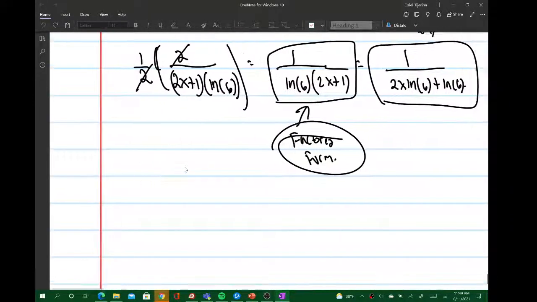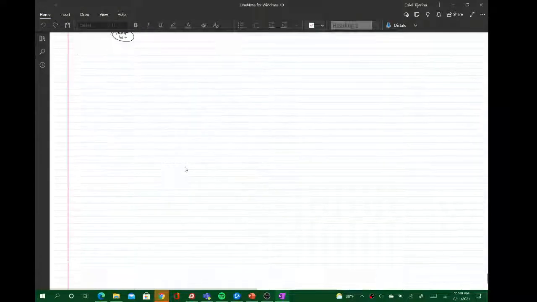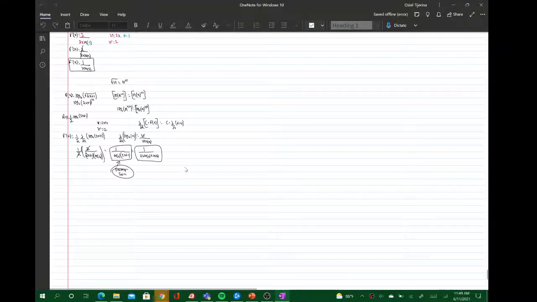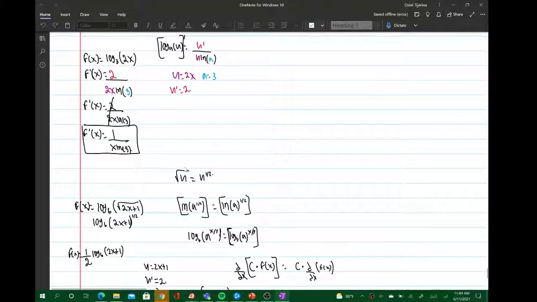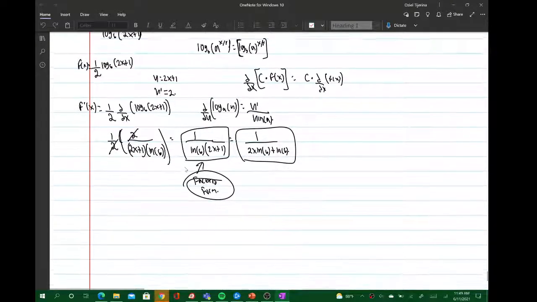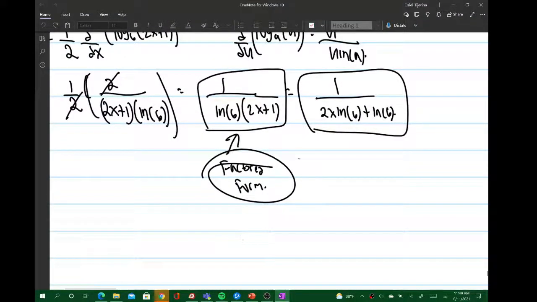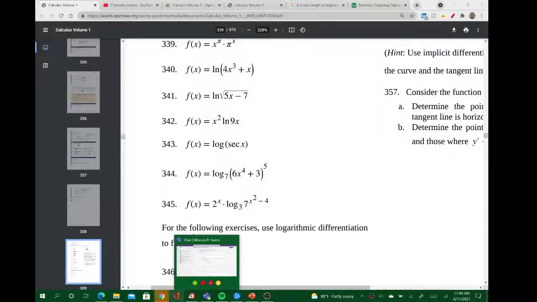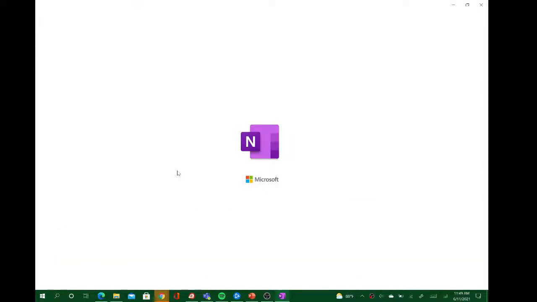Where was I? Okay, well I guess I didn't say what I put. But yeah, that's what that problem was. I'm not sure why it did not save what I had put on here.